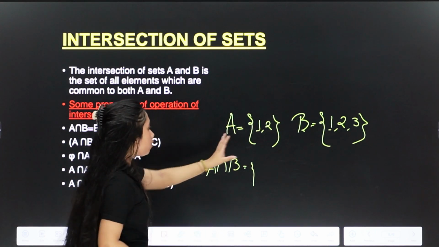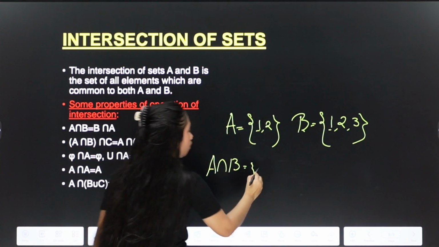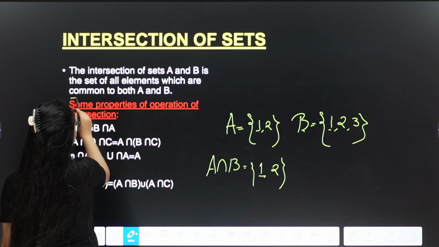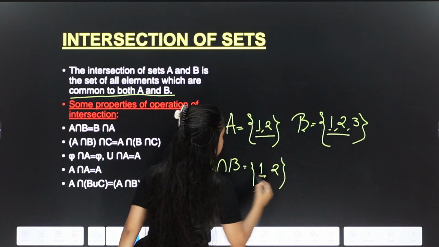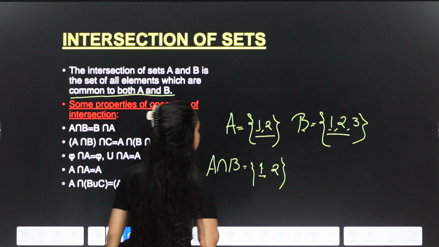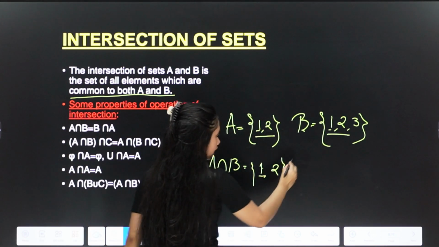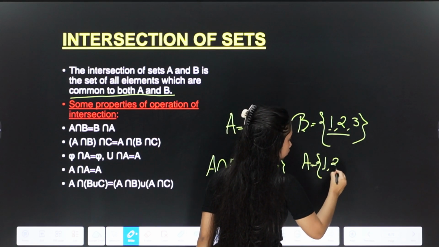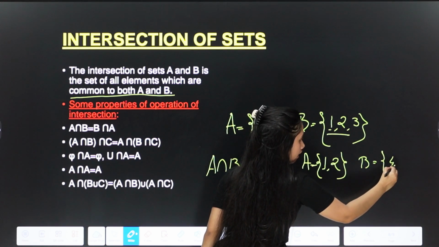So what is the common element in both of these? It is 1 and 2 only. So A intersection B is 1 and 2, which is common to both A and B.